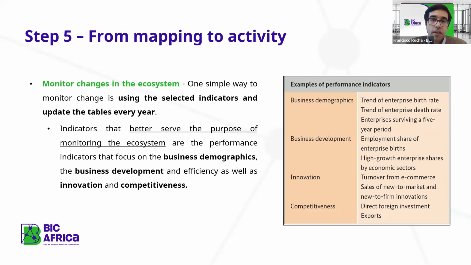Here the guide presents some examples of performance indicators that you can continue to monitor over time, even after you have developed this initial mapping exercise, and that can help you understand how the ecosystem is evolving. This is the next slide.